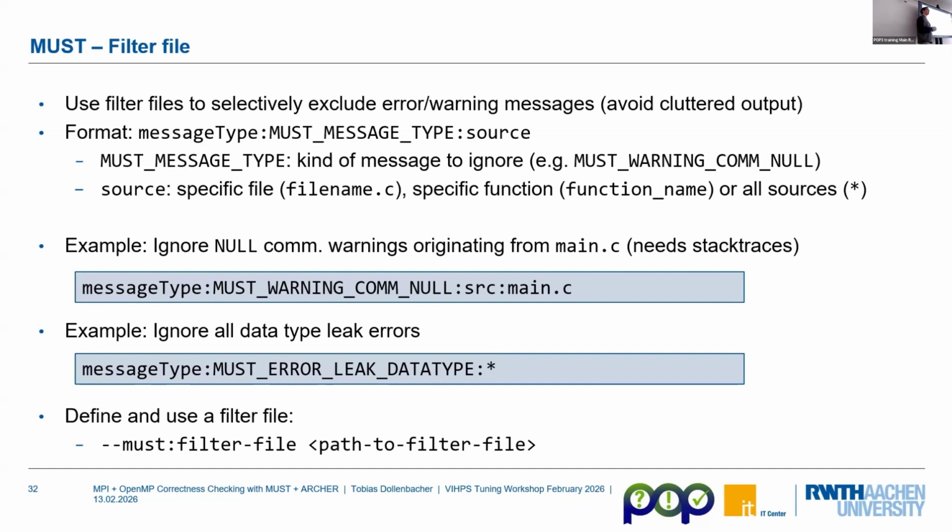Or if you just want to filter out some kind of error, say, I don't care if I have a communicator still allocated when MPI finalize is called, don't report these errors. You can just give the message type, which would be MUST_ERROR_LEAK_DATATYPE, and a star, so it's ignored for every file.